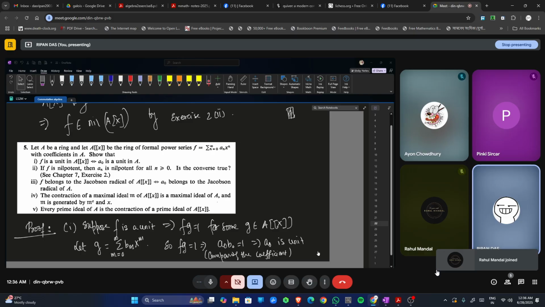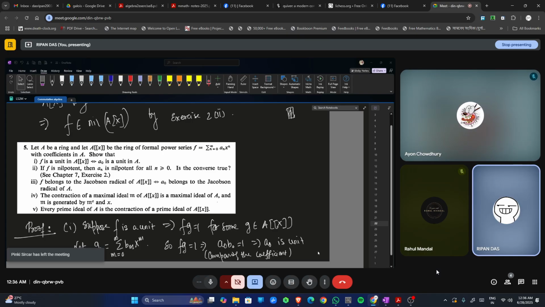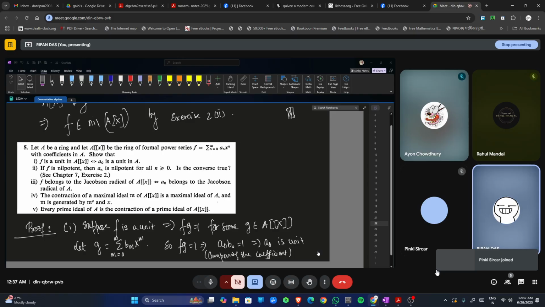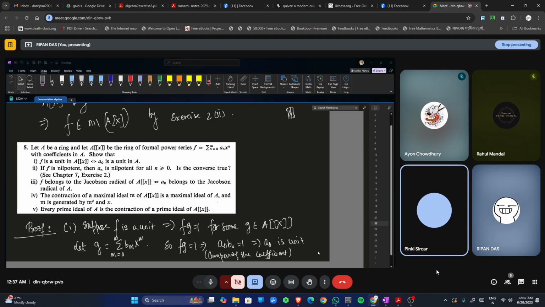Problem 5-3? Anyone please respond. Please give your idea at least. Problem 5-3.